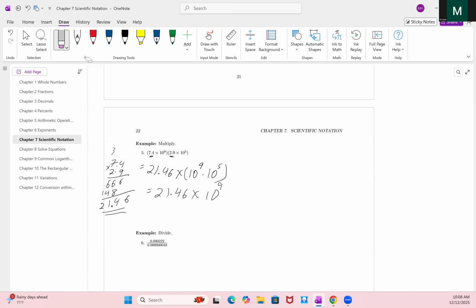Now, this number needs to be between 1 and 10, so we move the decimal one place to the left. That becomes 2.146 times, because we moved it to the left one place, 10 to the power of positive 1, and then times 10 to the power of 14.